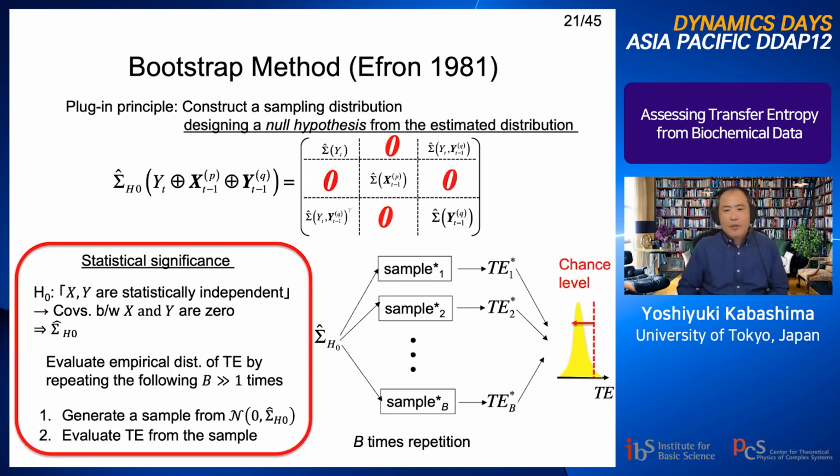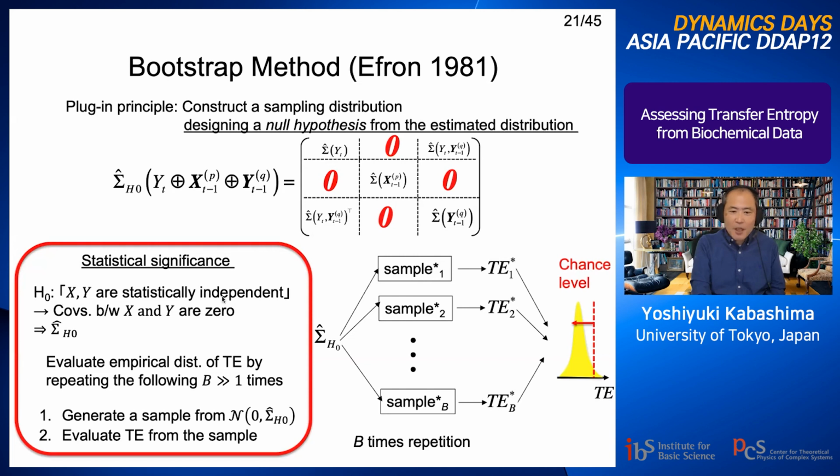By a similar strategy, we can evaluate the statistical significance by constructing a null hypothesis, designing a sampling distribution from the estimated distribution. What is the null hypothesis in this case? That X and Y are statistically independent.